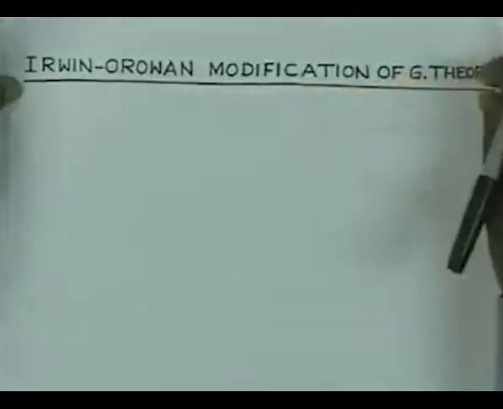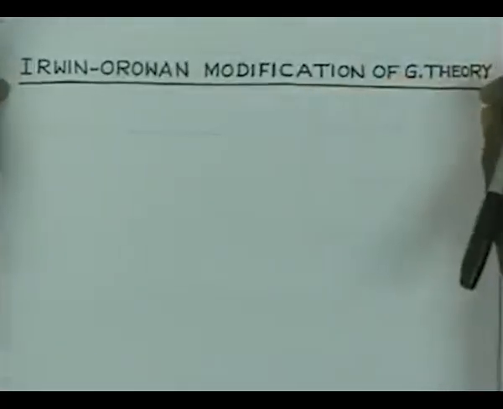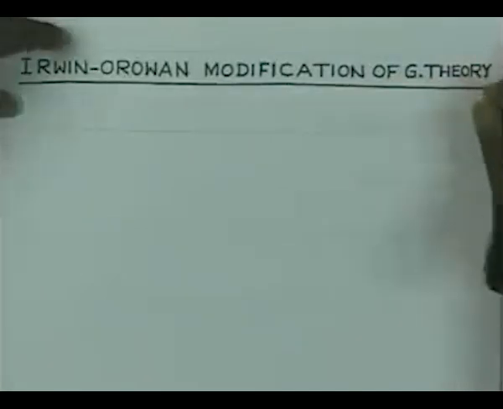So, a modification to the Griffith theory was proposed so that the theory can cater for some amount of plastic deformation taking place during the crack propagation. This is known as the Irwin-Orowan modification of Griffith theory. So, we would like to talk about this Irwin-Orowan modification now.